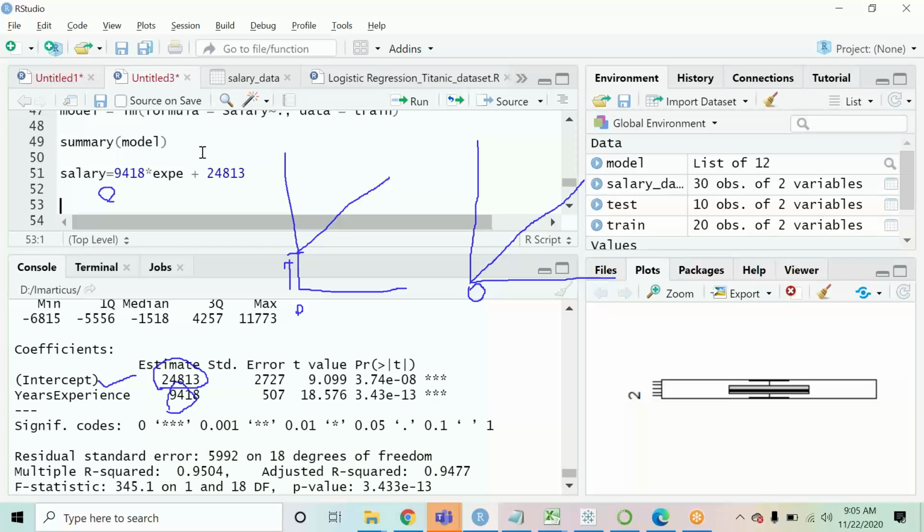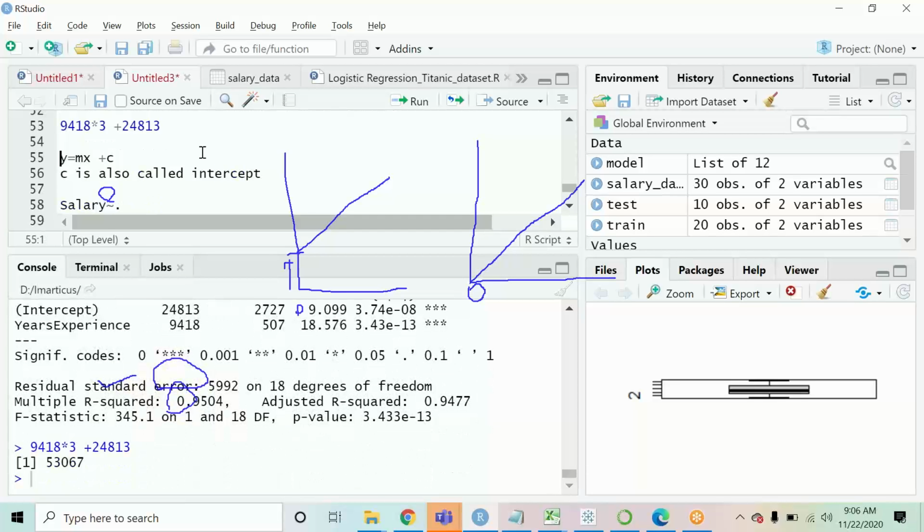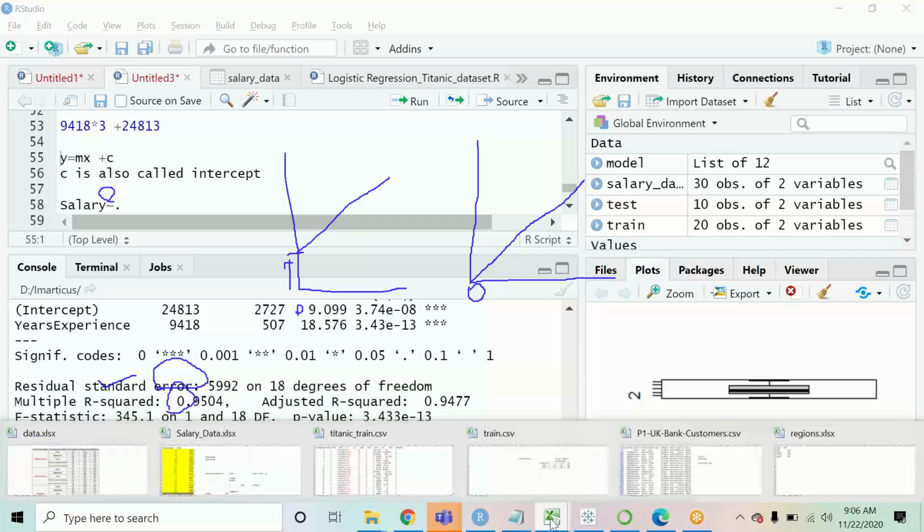His salary would be 9418 multiplied by 3 plus 24,813. Let me check what it gives. So this is giving me, if a person has an experience of 3 years, he would have a salary of 53,000. Let me go and check my data.